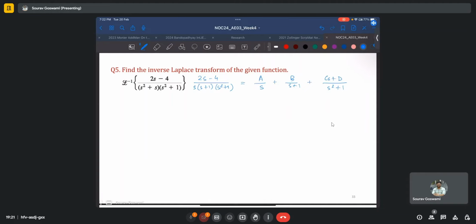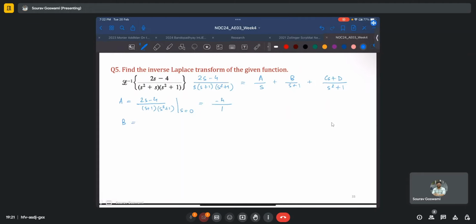And A and B are pretty straightforward to compute. We'll compute them using the cover-up method. So A will simply be equal to (2s minus 4) by (s plus 1)(s square plus 1) evaluated at s equals 0, since s equals 0 is one of the roots, and this is equal to minus 4 by 1, so minus 4.